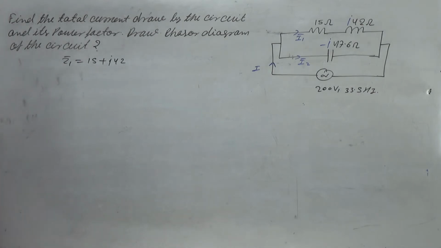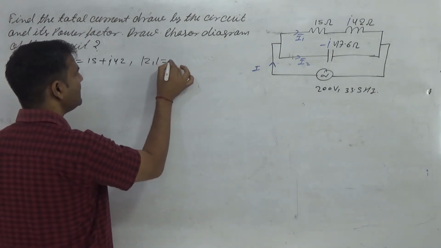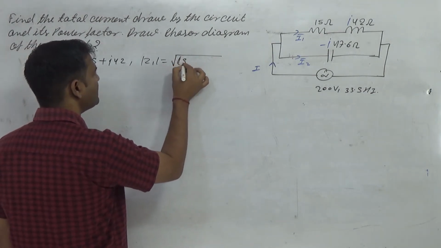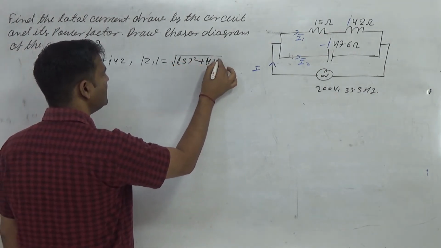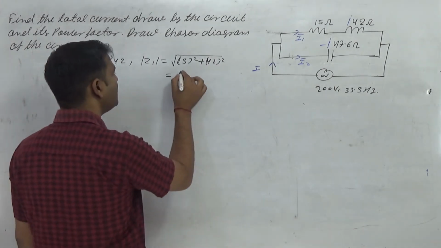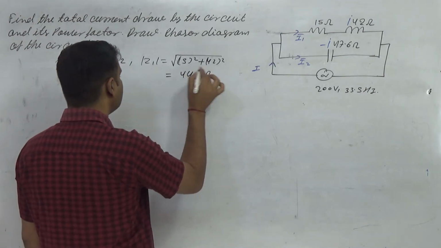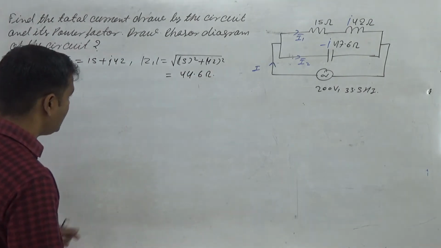The magnitude is the square root of 15 squared plus 42 squared. What about this value? We have already solved it: we got 44.6. I have already solved this.